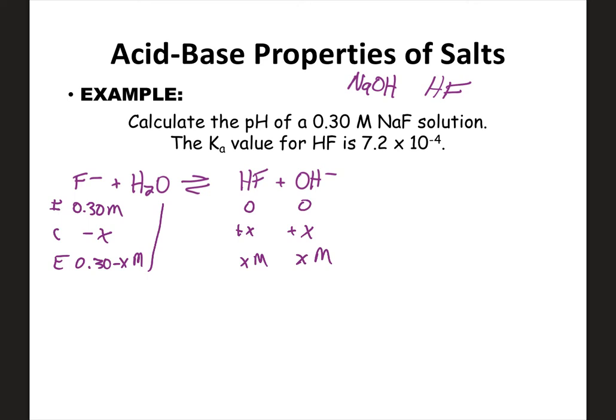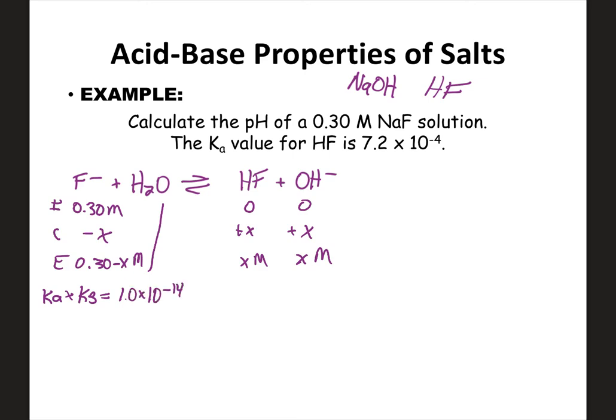Again, we have an OH minus forming, so I need to write a Kb. Before I do that, I need the actual Kb. So I'm going to need to use Ka times Kb equal to Kw, which is 1.0 times 10 to the minus 14.